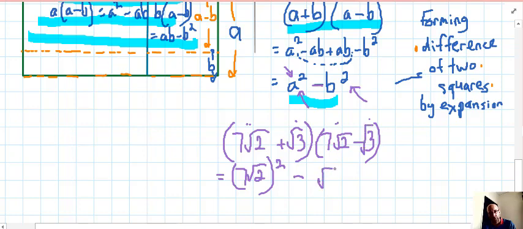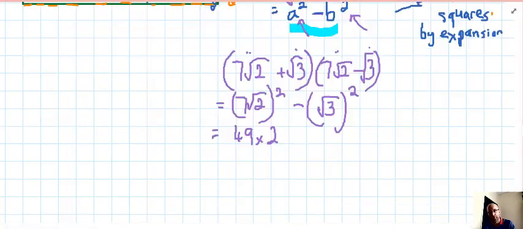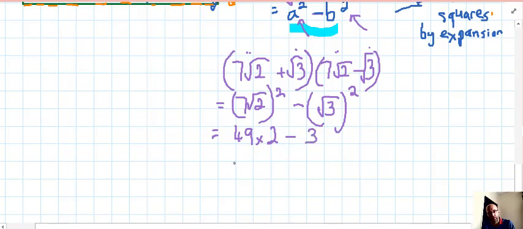Just grab the term itself, forget about the sign in front of it. Last step, we have 49 times 2 minus 3, 98 minus 3, 95. That's a lot quicker than using FOIL.